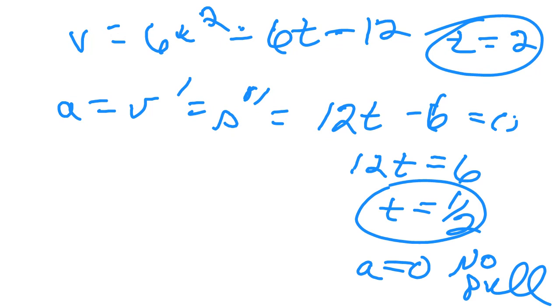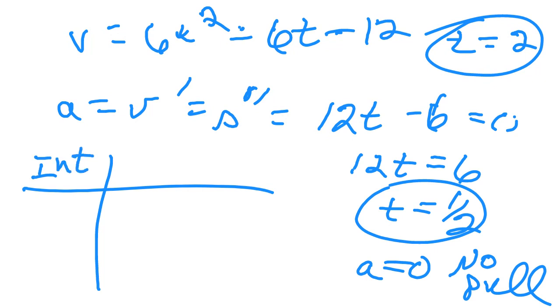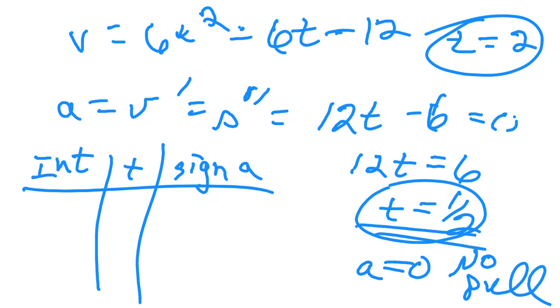So I could also do a chart where we have the interval, then the test t, and then the sign of the acceleration, sign of a. In this case, if I'm only doing acceleration, I only need to split it at 1/2 second.